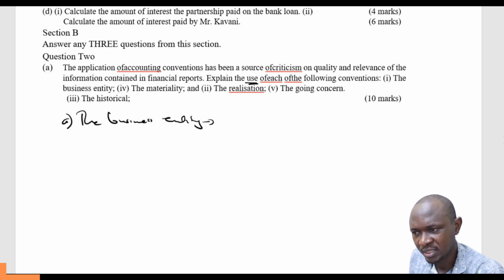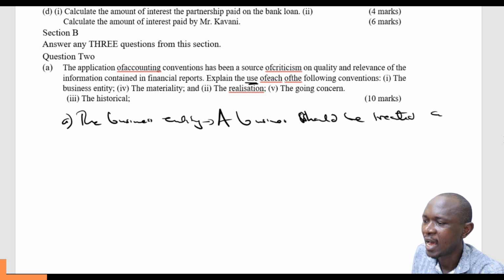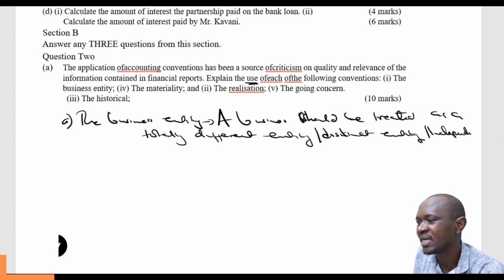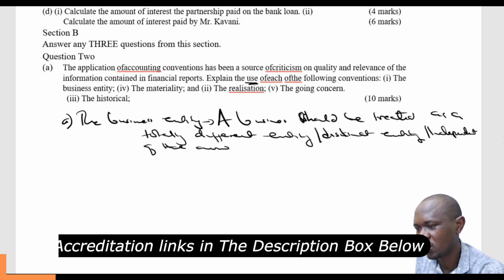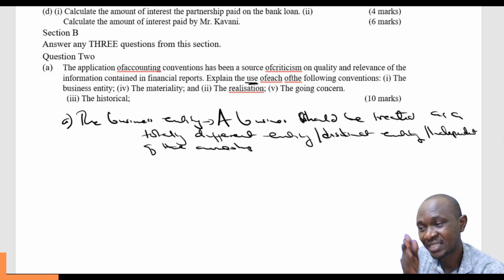It can be a concept, depends, but the whole essence of a business entity is that a business should be treated as a totally different entity or distinct entity, or should be treated as being independent of the ownership. So it should be treated as being a totally different entity from the ownership, or being totally distinct from the ownership, or being totally independent from the ownership.